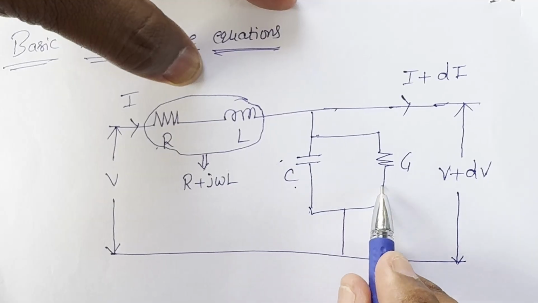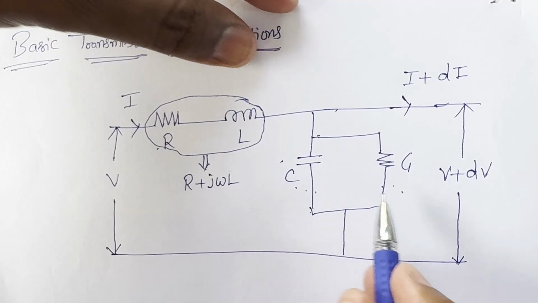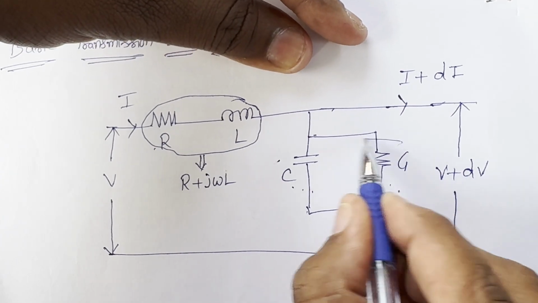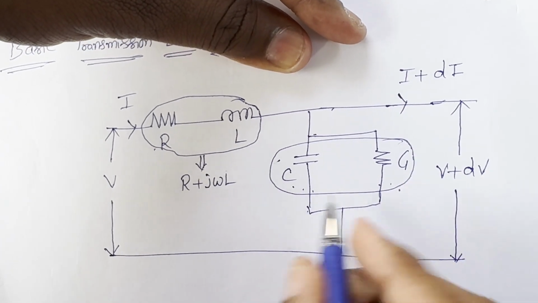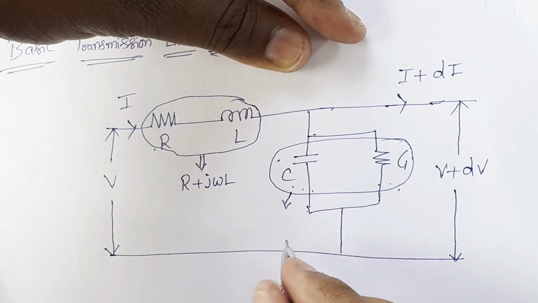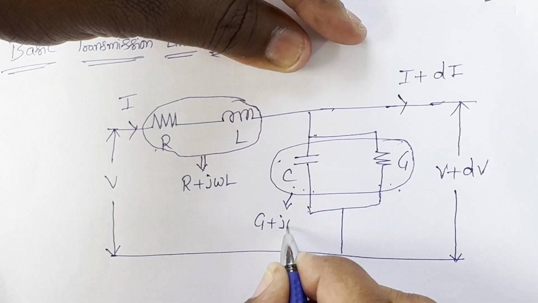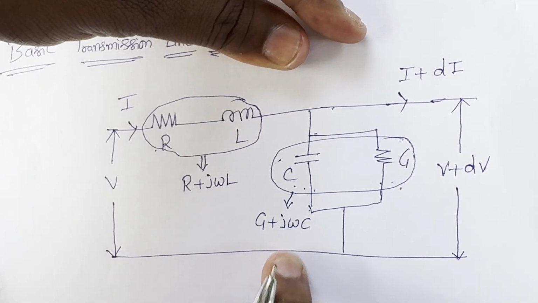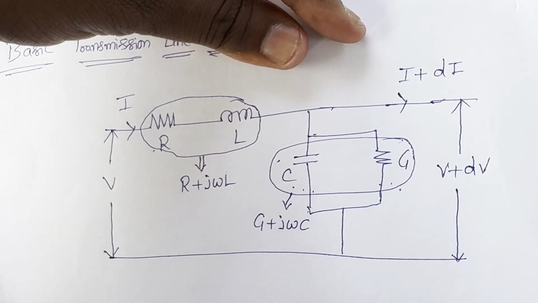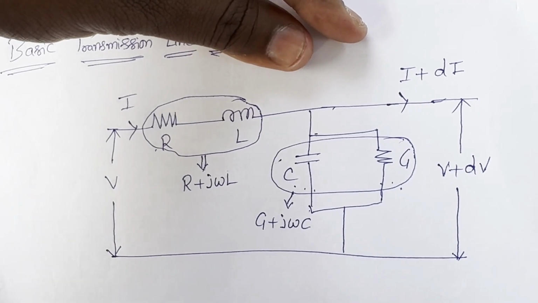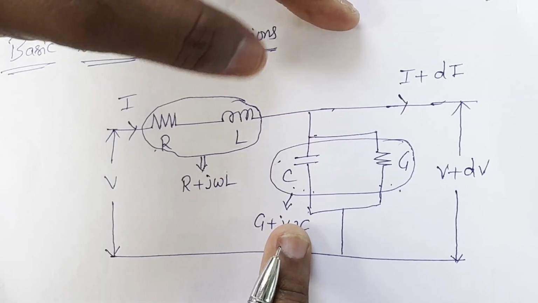Now G and C are in parallel, so I am writing the shunt admittance. With the combination of these two, the shunt admittance can be written as G plus j omega C. This is the simple structure of the basic transmission line.